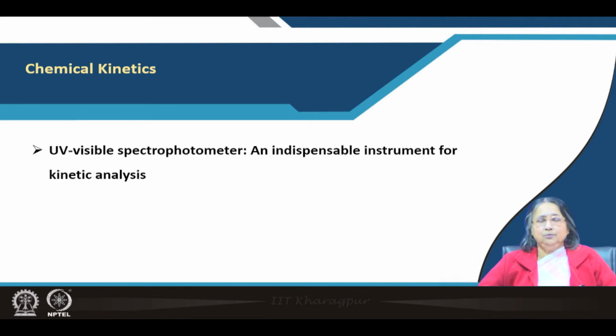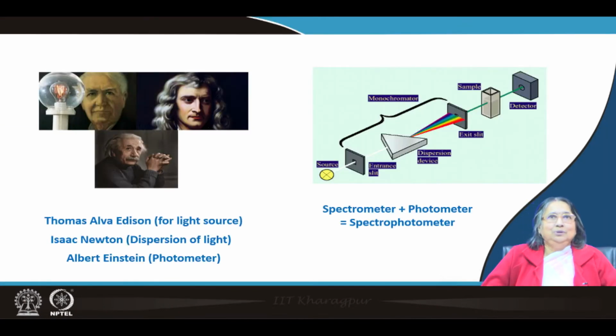Now, what is a spectrophotometer? First thing we have to know: here you can see three famous scientists. The first one is Thomas Alva Edison. You know that he invented the electric bulb, and the same principle is also used in the spectrophotometer, not that bulb, but the principle.